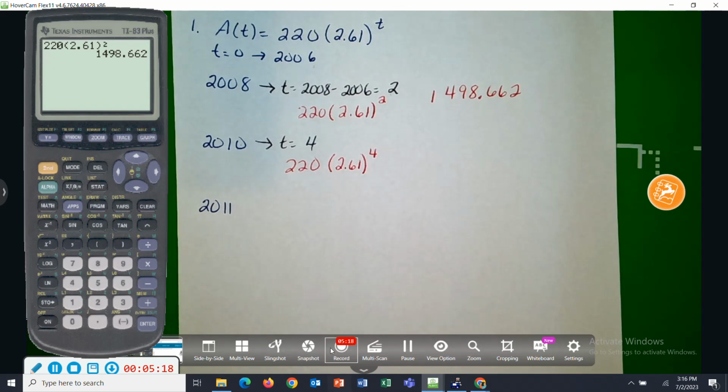So 220, parentheses, 2.61, close parentheses. Now here's where I'm going to go raised to the 4th power.